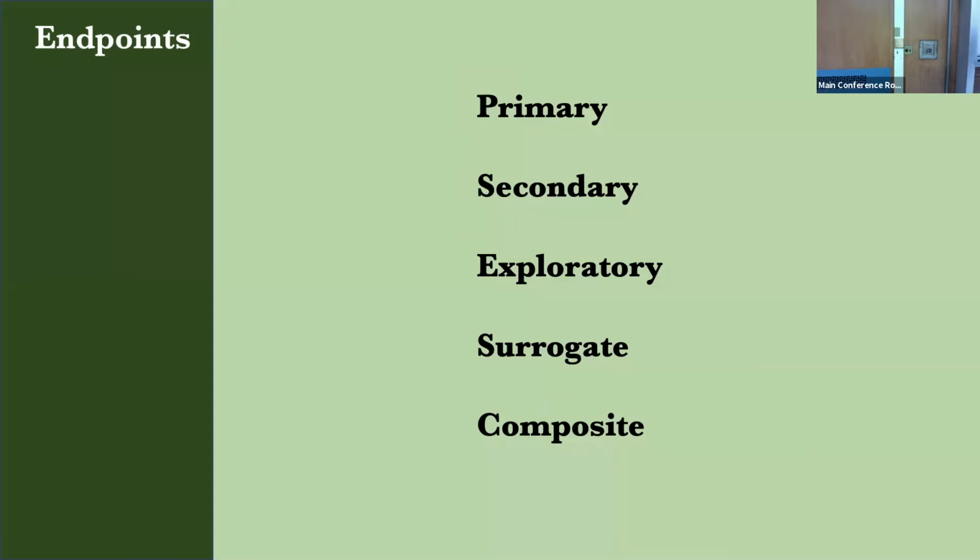If the primary outcome is positive, if you find a significant difference in the primary outcome, you can look into certain secondary outcomes to see if the benefit extends beyond the primary outcome.